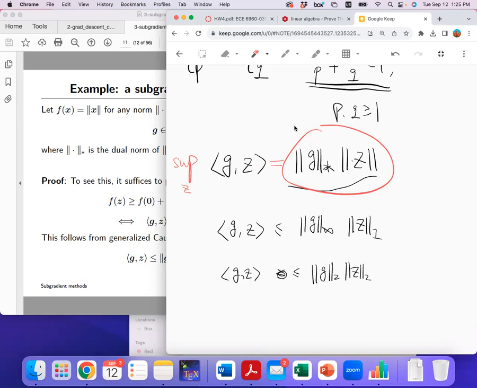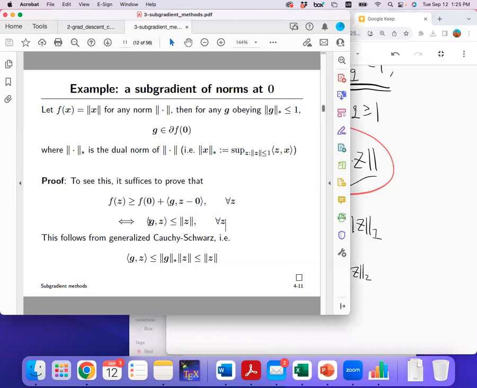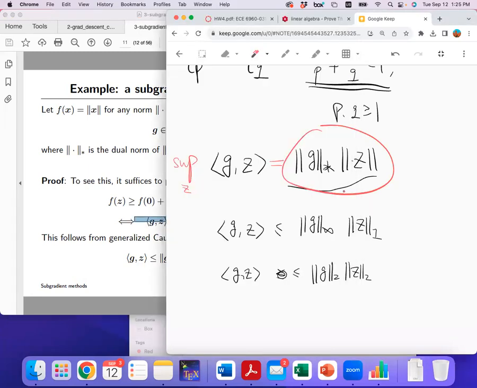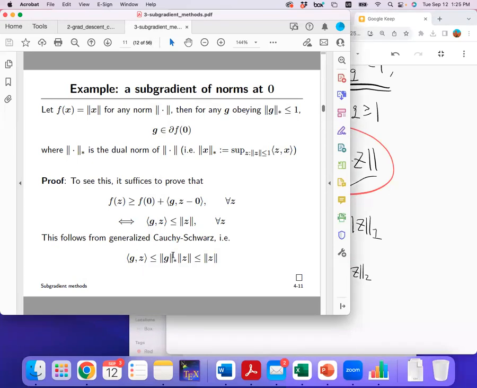Therefore, in order to satisfy this inequality, we just need to make sure the dual norm of G is less than 1. If this is less than 1, then this is less than the norm of Z. So it is connected to the dual norm through this Cauchy-Schwarz inequality.